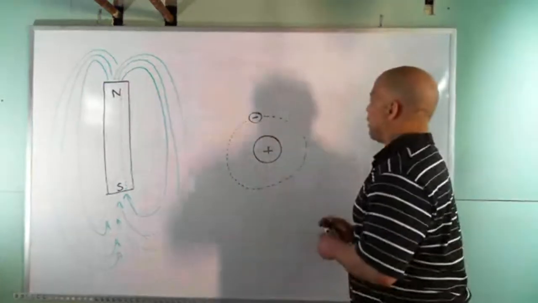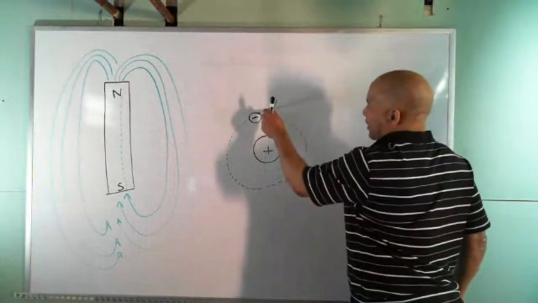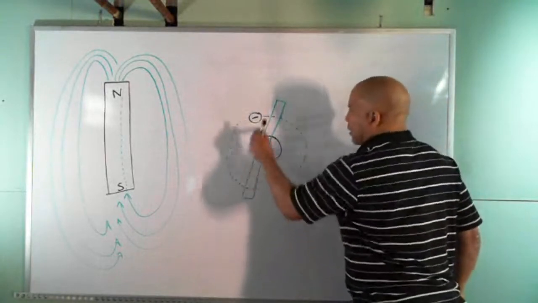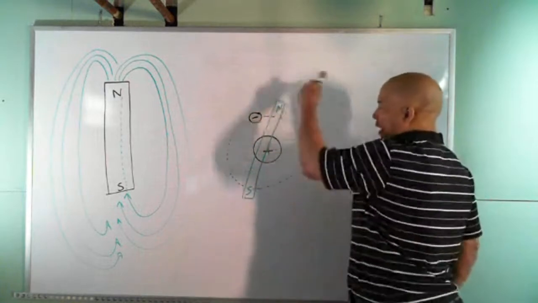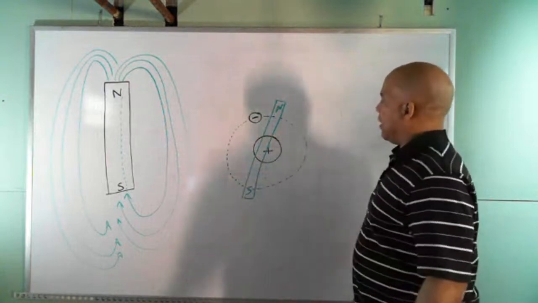And so it's customary in books to think of this atom as being just a tiny bar magnet like this, with the north and the south pole. And it has a magnetic field, just like the big bar magnet.